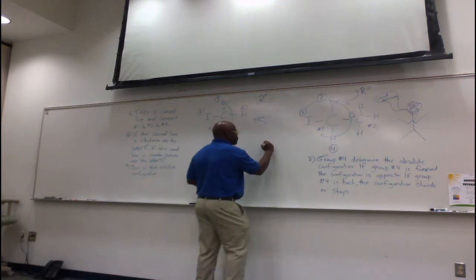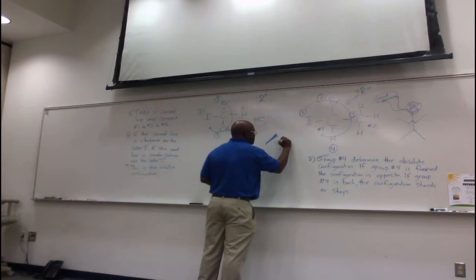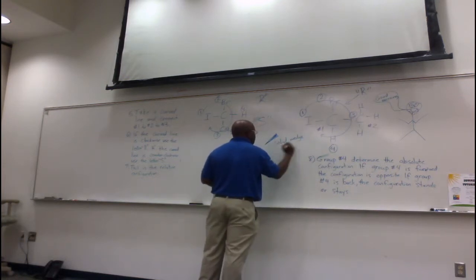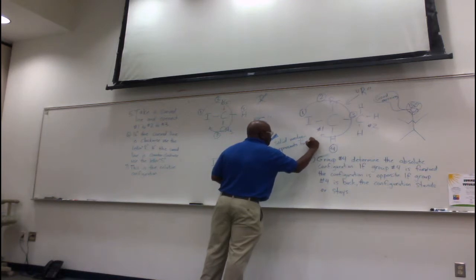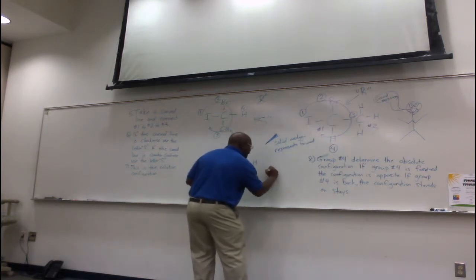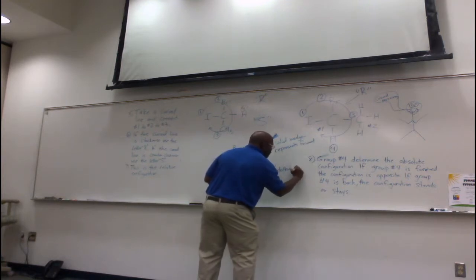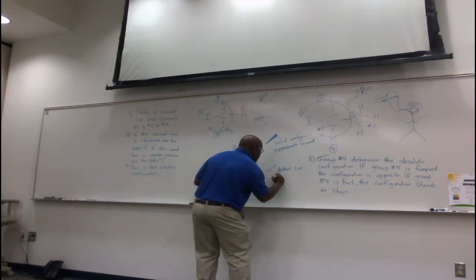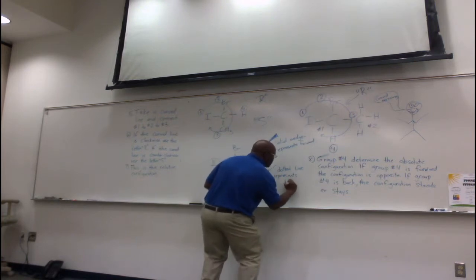You're going to use a solid wedge, which represents forward. We have a dotted line, which represents backwards.